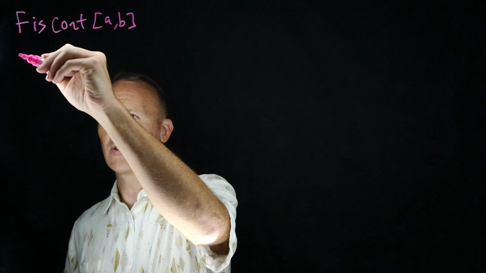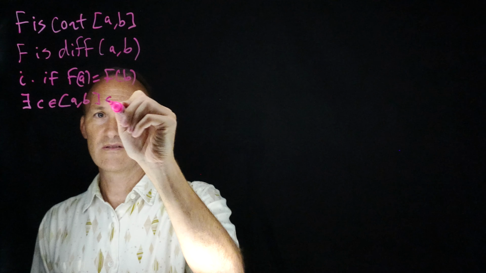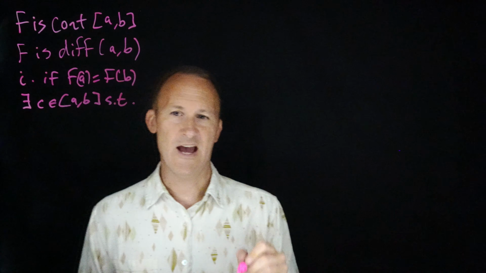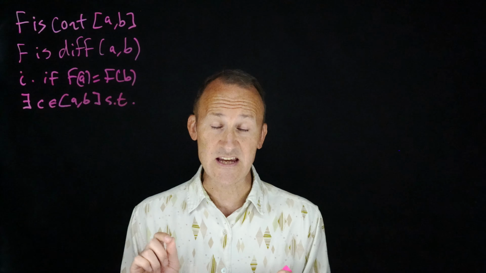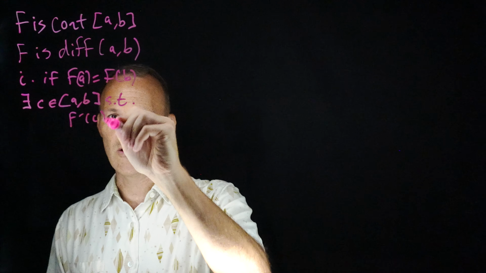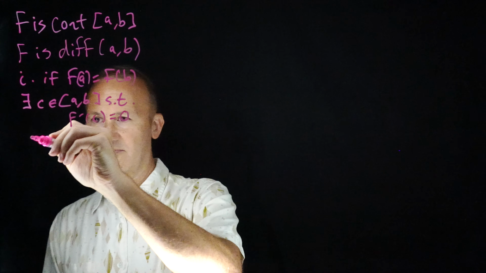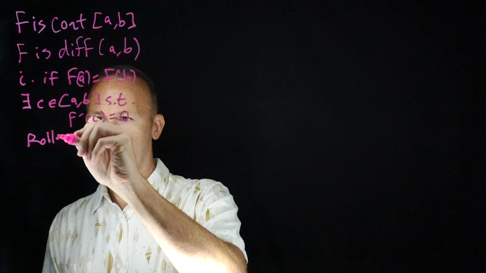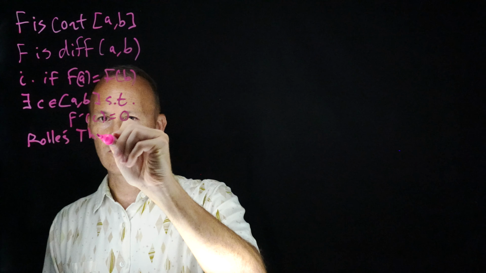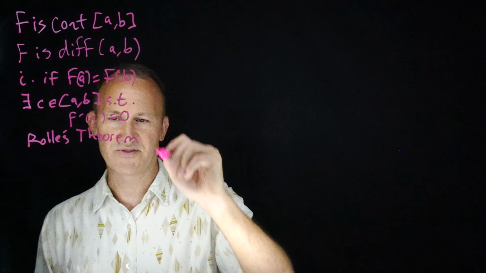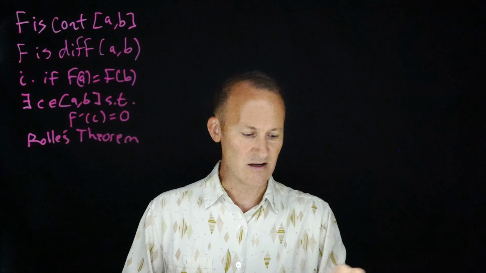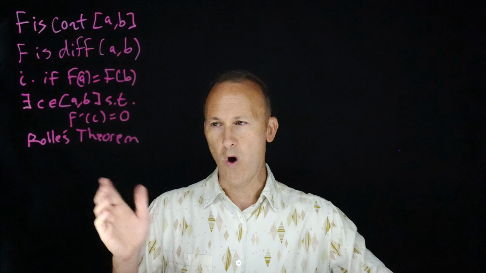There exists a c in the interval (a, b) such that f'(c) is going to be 0. And this is called Rolle's theorem.